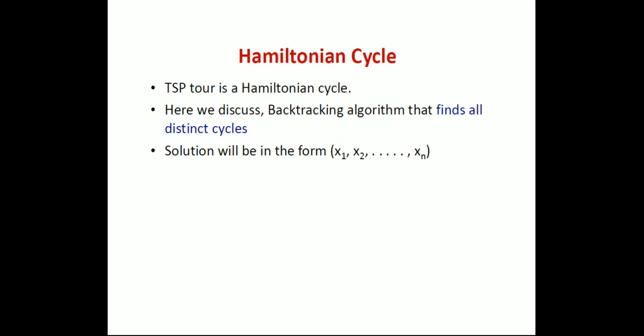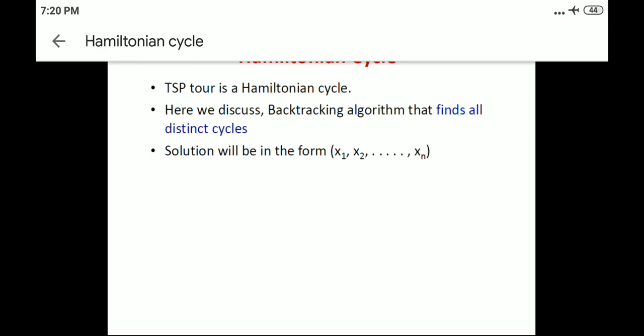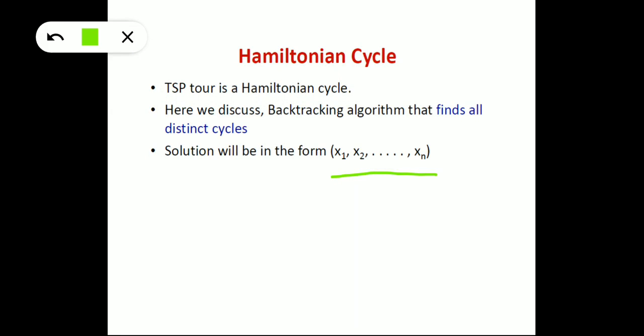I again repeat, all the values in this solution vector are always distinct, and we also check that there exists an edge from vertex xk to xk minus 1.